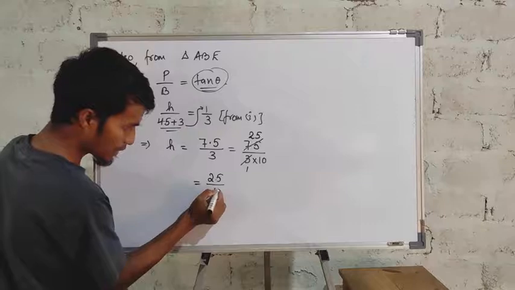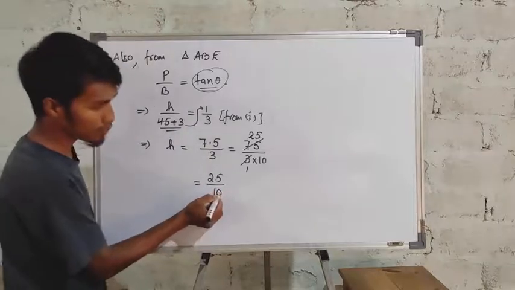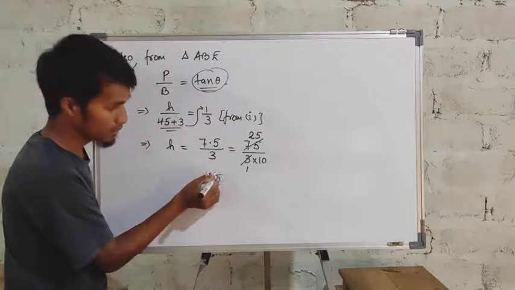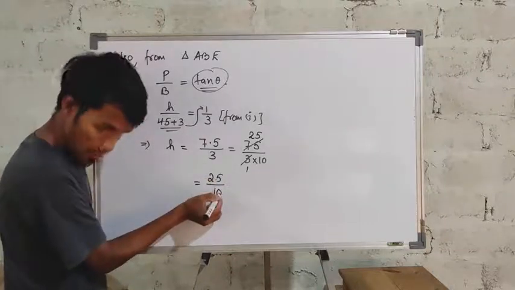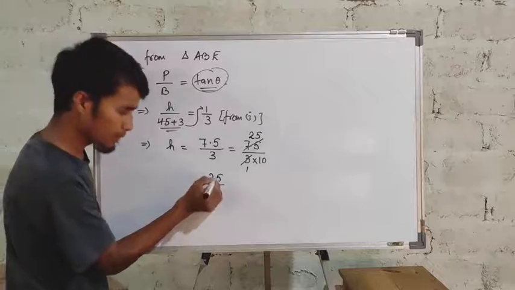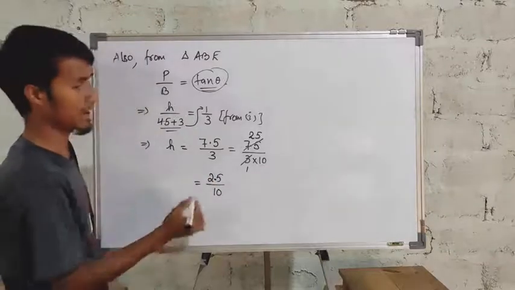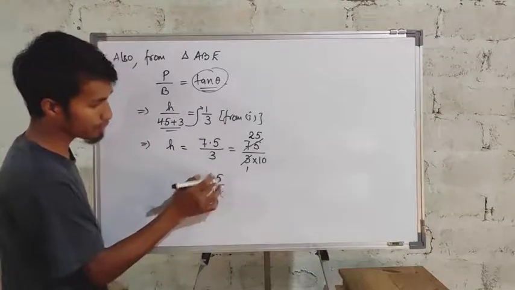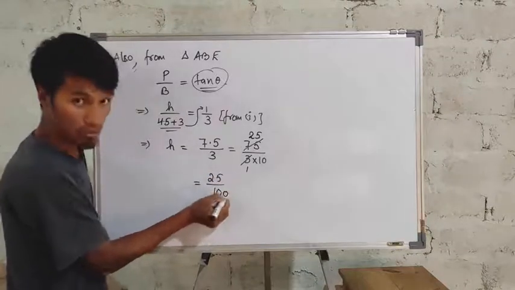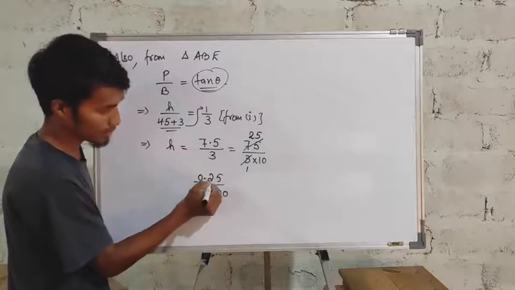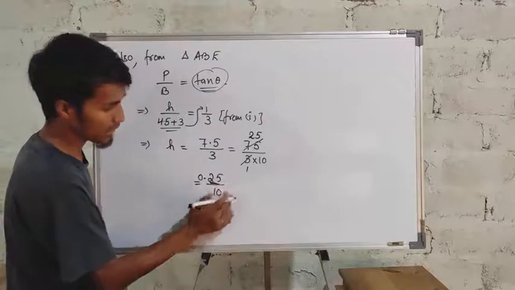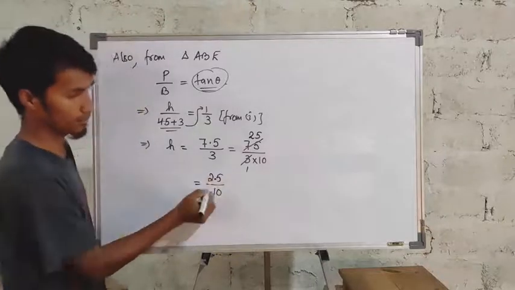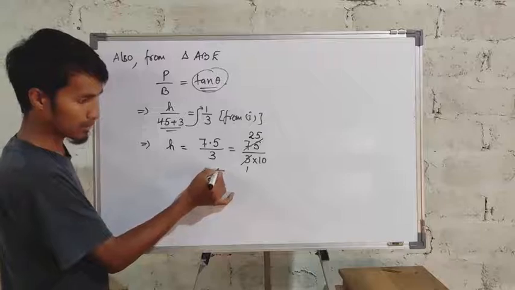Now, how many zeros are here? One zero. If one zero, then count one number from here; one zero will be one decimal place. If two zeros, then we'll count two numbers. Because in this question we have only one zero, I'll move the decimal one number to this side.